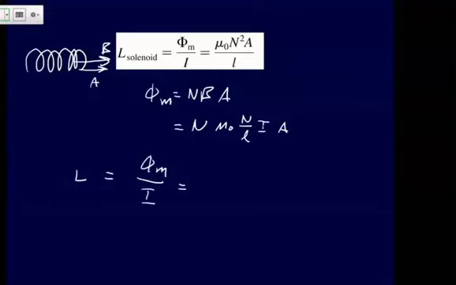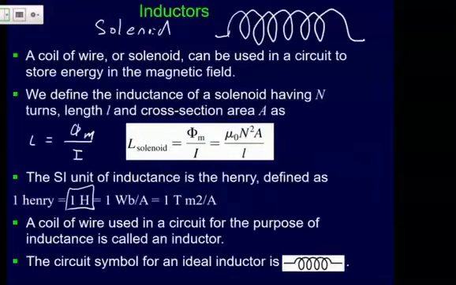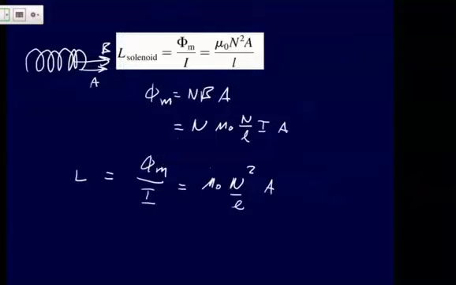It's this thing divided by I, so I get something like we had in that last picture, mu naught N squared divided by l times A, just like what we have in this picture over here. And so again, your inductance is a measure of how much EMF you're going to induce per current. It's your magnetic flux divided by I.